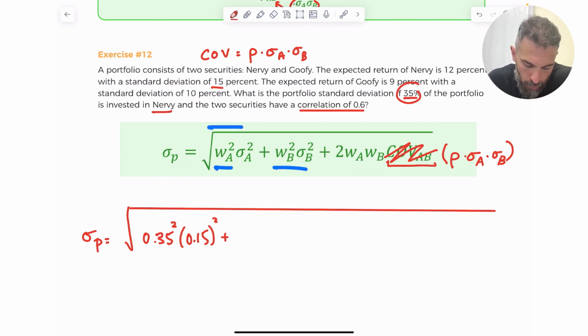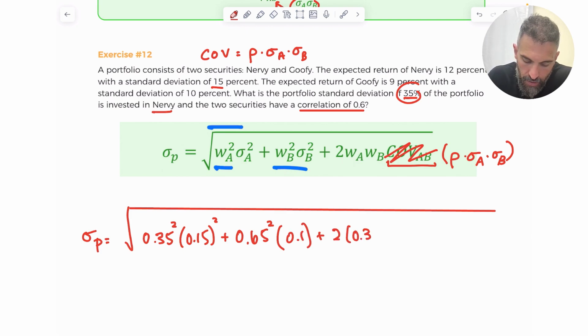Then the other weight would be 0.65. If 35% is invested in Nervy, then the remaining 65% would have been invested in Goofy. And the standard deviation of Goofy is 10%. Plus 2 times weight A, weight B, correlation, so 0.6, times the 2 standard deviations, so 0.15 and 0.10.